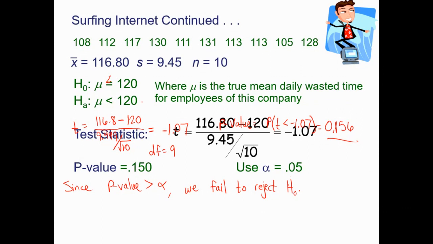Less than 120. This is her original claim. So if we fail to reject, is there enough data to support her original claim?